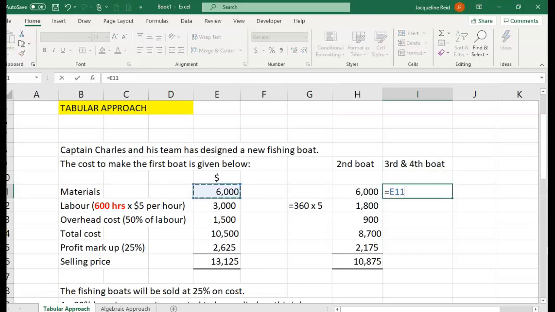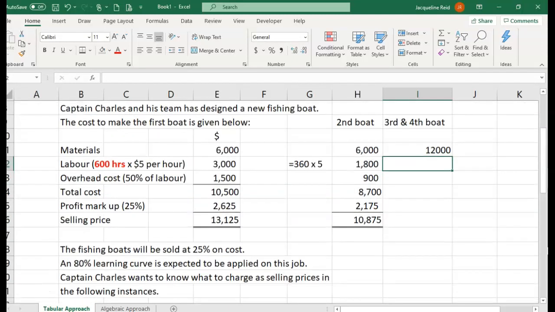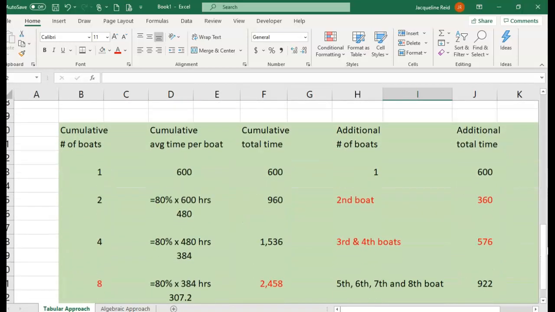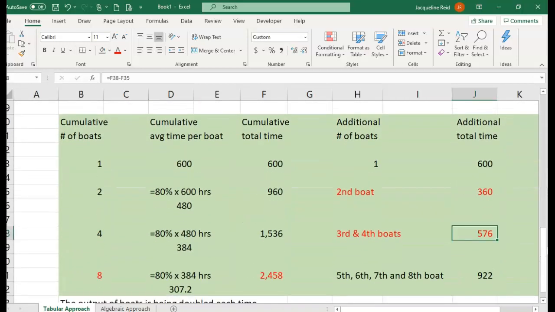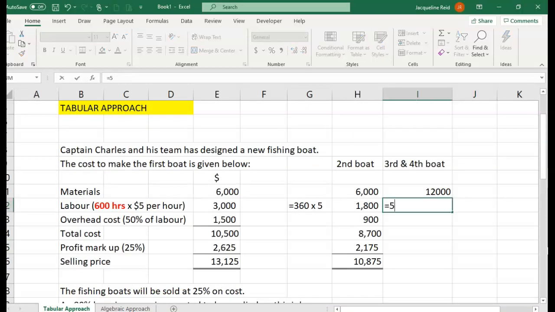So it's 6,000 multiplied by 2. The labor is now going to be 576 multiplied by 5.